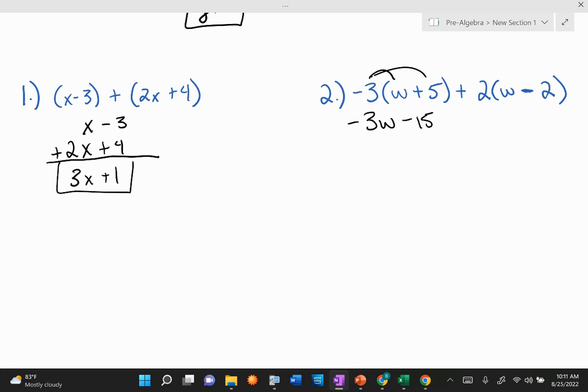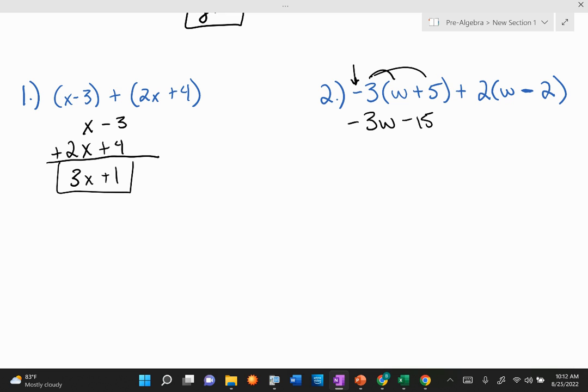Y'all did this part perfect. So why is it a negative 15? Because you have the negative 3 out here, and distributive property says you have to multiply it to each term. Is that 5 a positive or a negative? It's a positive. So a negative times a positive is always a negative. All right, y'all keep going.